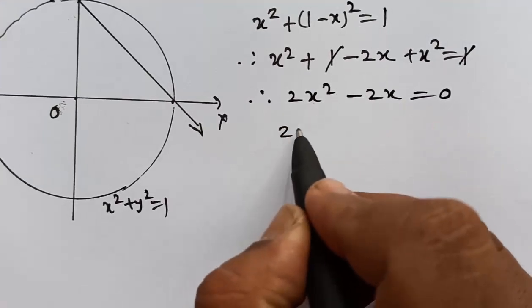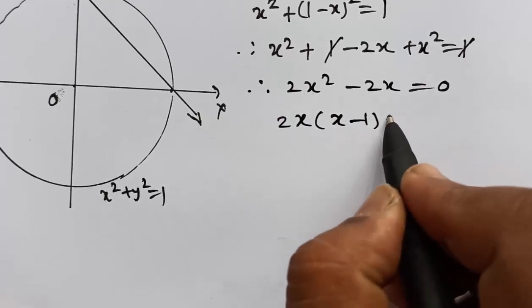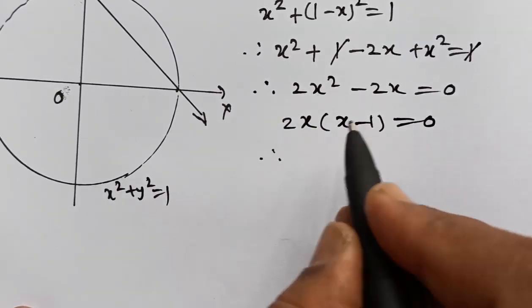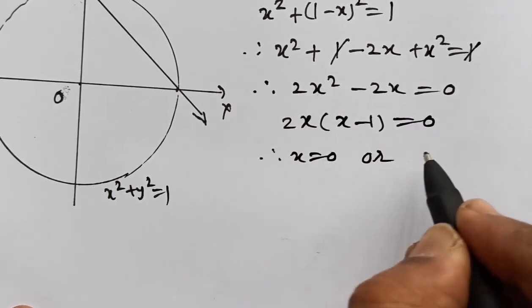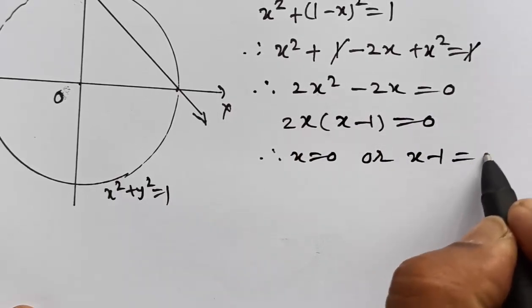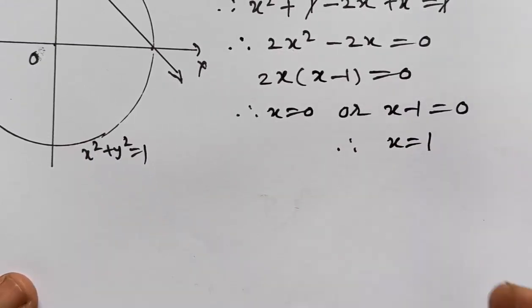2x is common, so 2x into x minus 1 is equal to 0. Therefore, 2 is not equal to 0, so x is 0 or x minus 1 is equal to 0. Therefore, x is equal to 1.